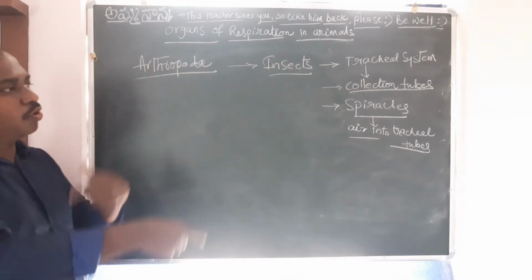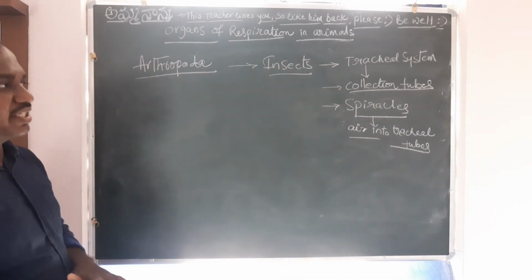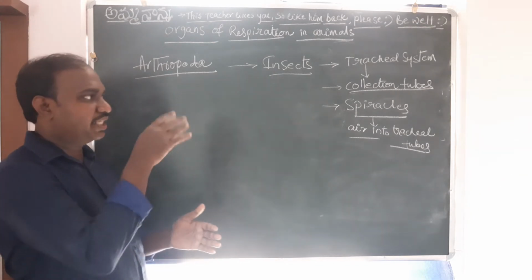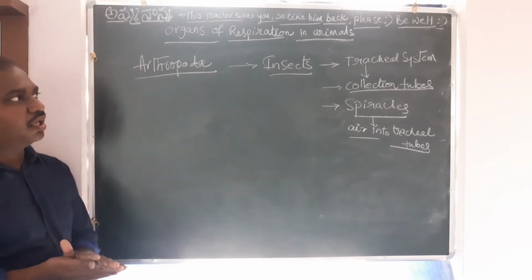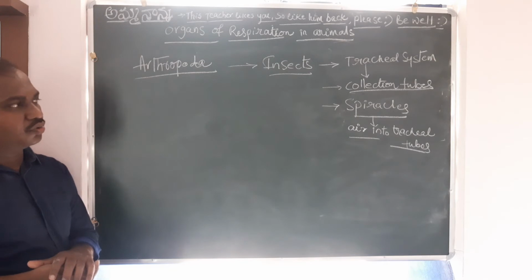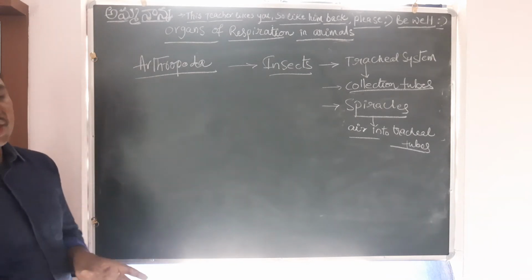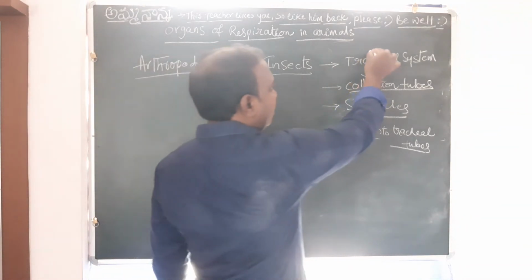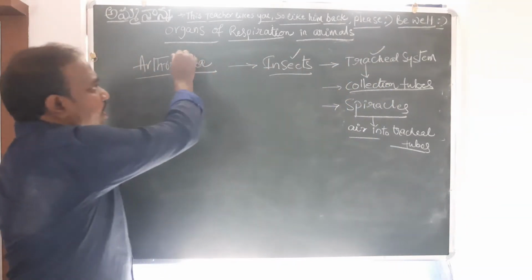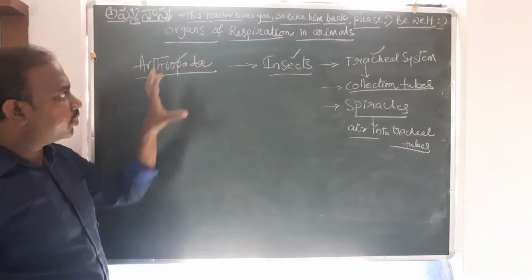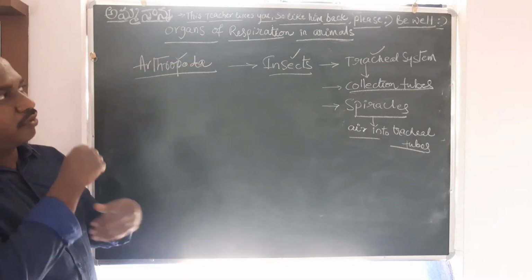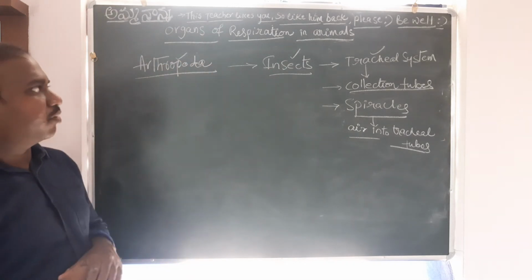There is a whole mechanism of how it gets transported and exchanged, but we are not going into that detail at this juncture. Just remember that there is a specialized system called the tracheal system in insects, which belong to arthropoda. That is one set of specialized organs that have developed here.